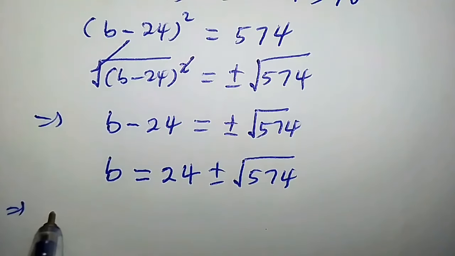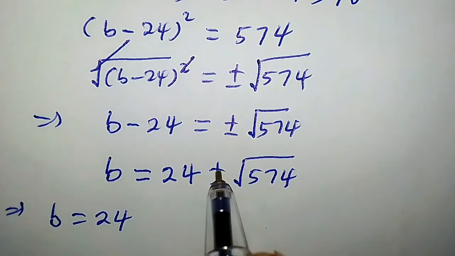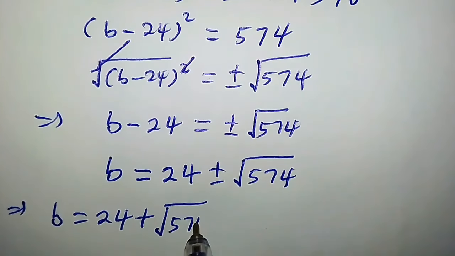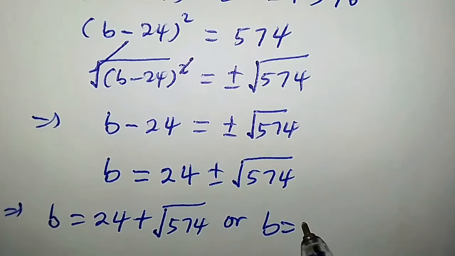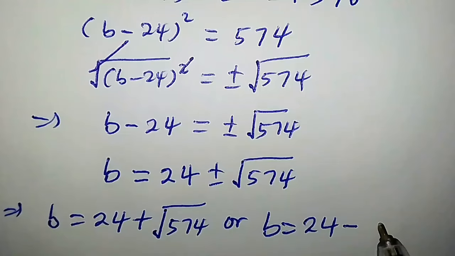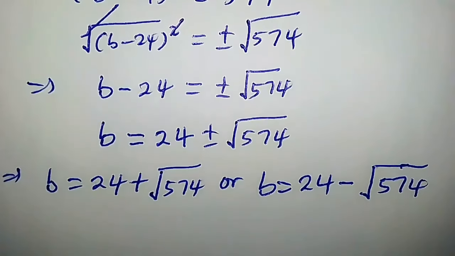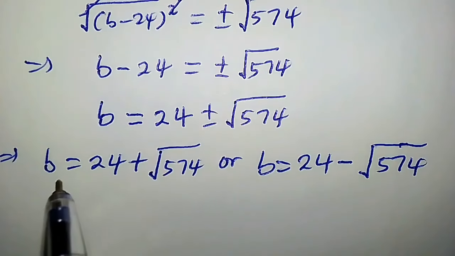This means that b is either equal to 24, consider the positive sign, we have plus square root of 574, or b is equal to 24, consider the negative sign, we have minus square root of 574. You will observe that we have two solutions for b.